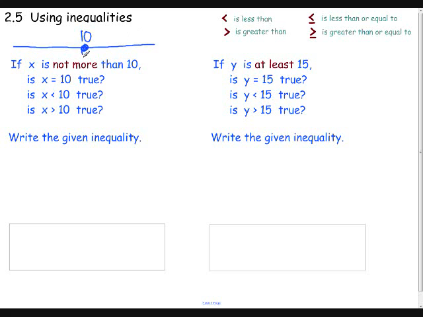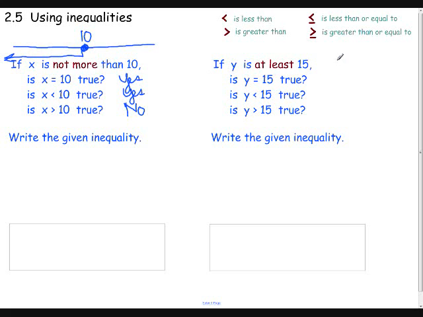So what do we know? If we did a little graph of it, it's there. Could or is x equal 10 true? Yes, because 10 is not more than 10. Is x less than 10 true? Is x greater than 10 true? That's the point. It cannot be greater than 10.